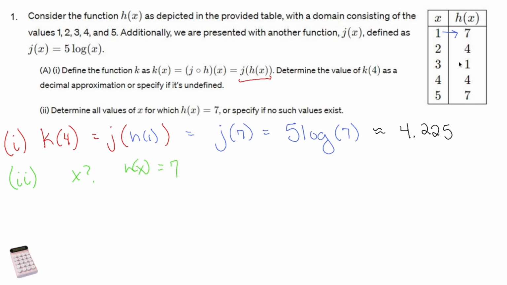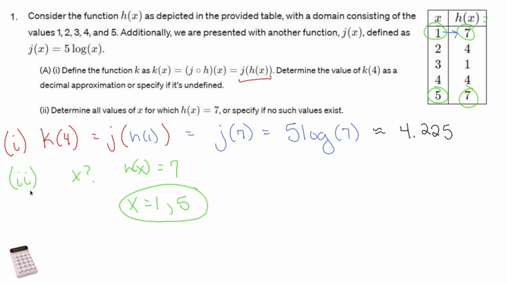Well, there's 2 of them. Now, this is not saying, hey, let's plug in 7. No, this is saying h of x equals 7 right here. So your 7 and your 7. So what x values seem to do that? 1 and 5. So x is going to equal 1 and 5 for this guy right here.